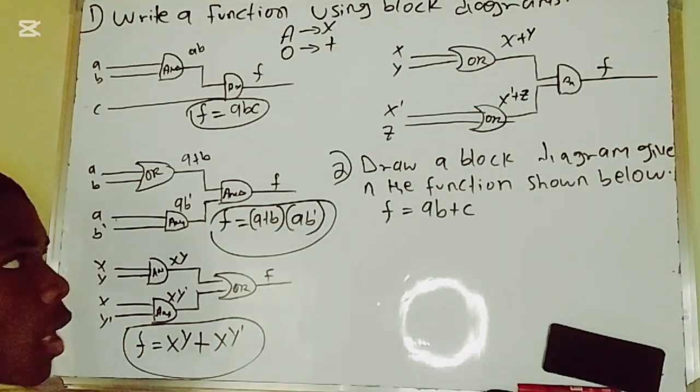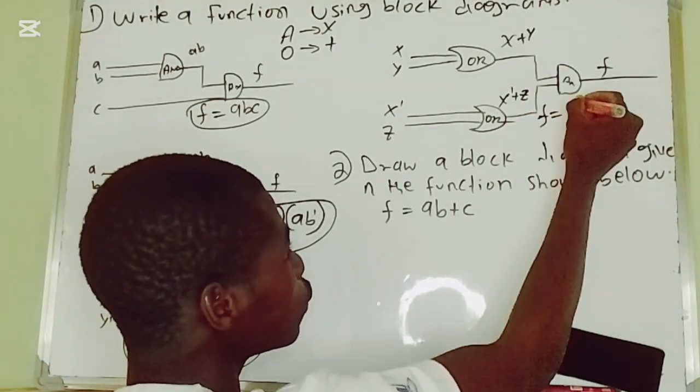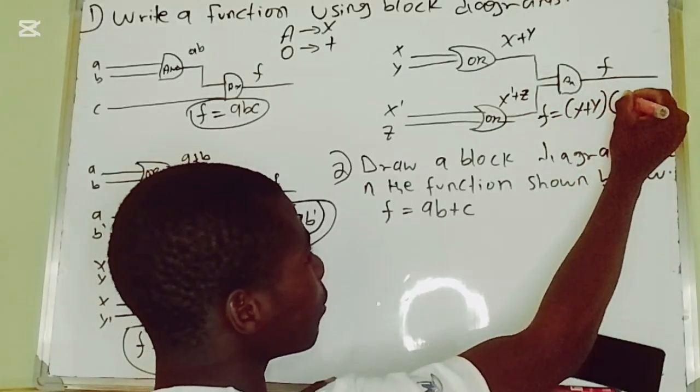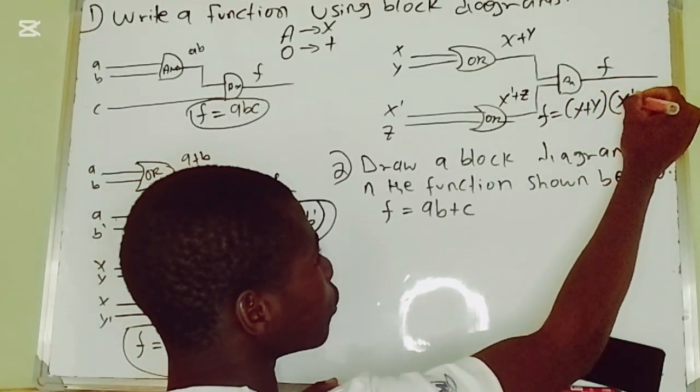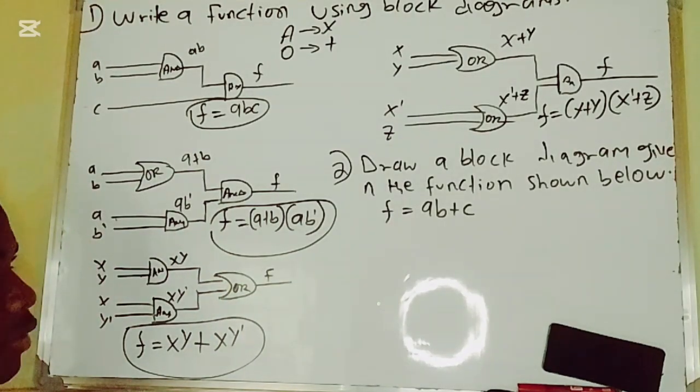So now I'm going to multiply them. The function will be X plus Y multiplied by X prime plus Z.